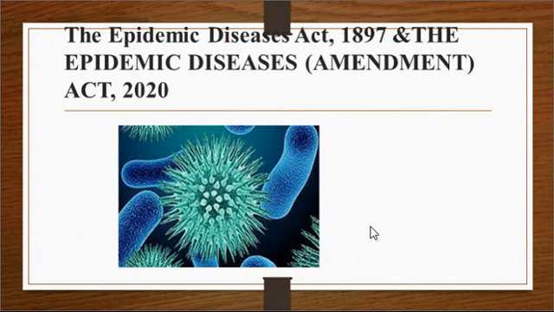Now, see, I'll not say that this act has not been invoked before 2020. If we talk about the state of Gujarat, then in 2018, the collector of Vadodara declared a village as cholera affected. Okay.